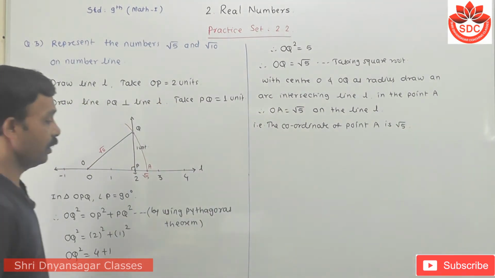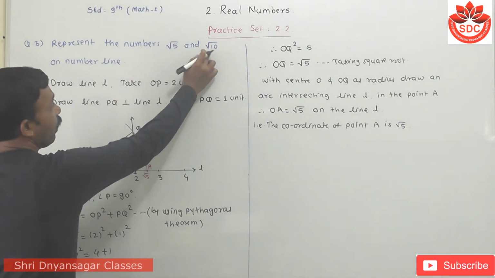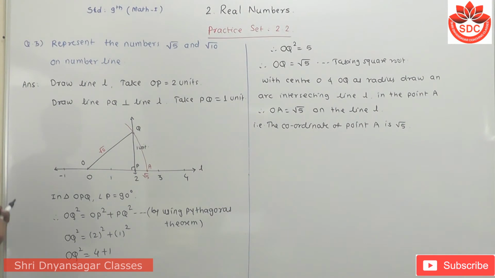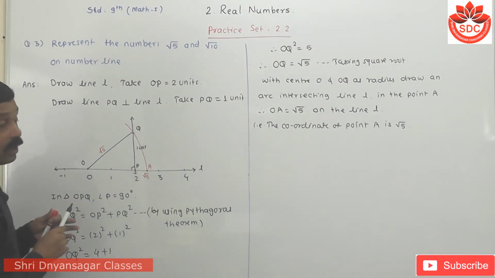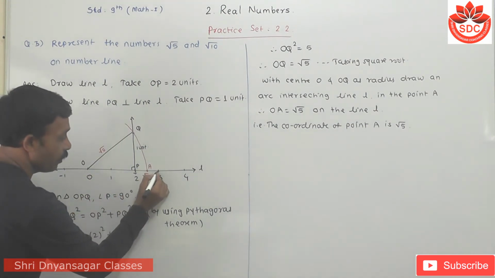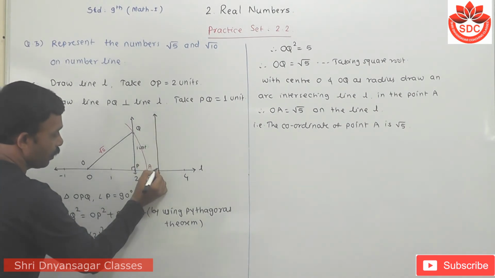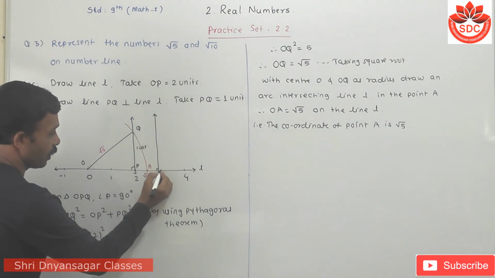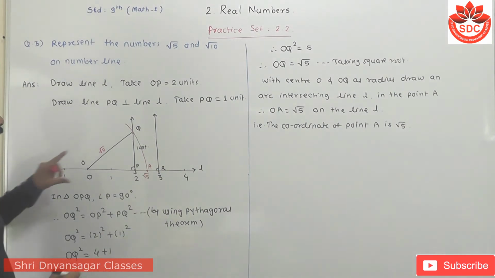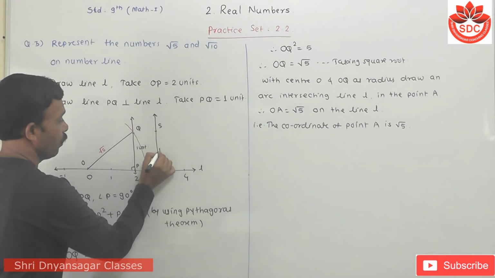Students, similarly, we can find another point having the value root of 10. How to find it? Student, look here. 3 is the square root of 9. We have to find the square root of 10. So again we draw a perpendicular line, suppose this point is R and we take S. Take distance RS as 1 unit.